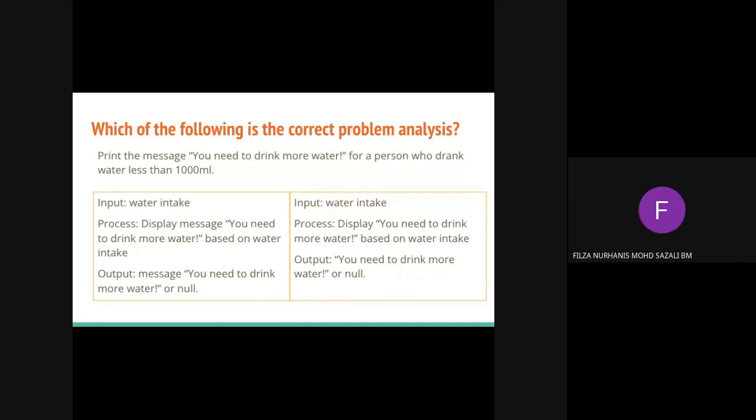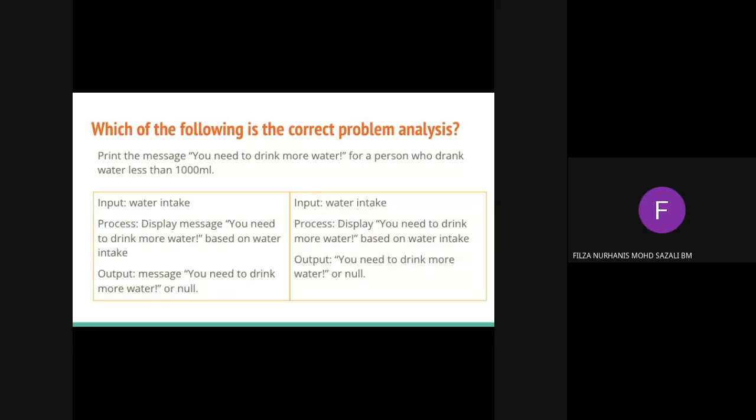So kalau macam tu, proses dia should be apa? Mana tadi yang jawab tu? You need to drink more water. Calculate the what? Bukan it determine kan? Determine the person dia minum lebih atau tidak. I see.